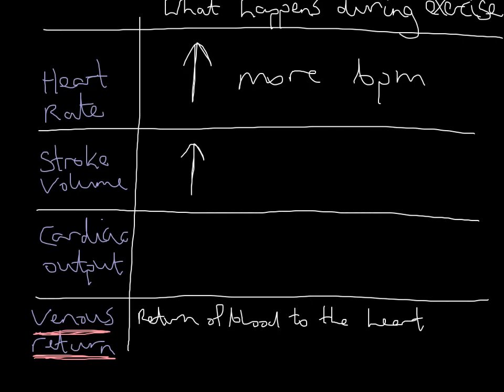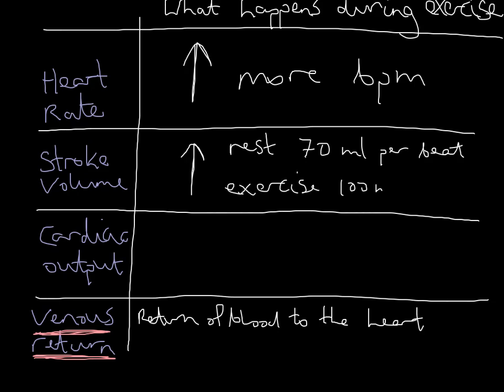Remember, at rest, your heart was maybe pumping out, we said on average, 70 millilitres of blood per beat. That can actually increase, and that will increase. So during exercise, we'll get up to maybe 100 mils. So we can actually pump out more blood out of our heart per beat, okay?